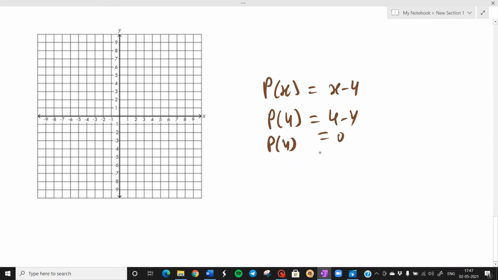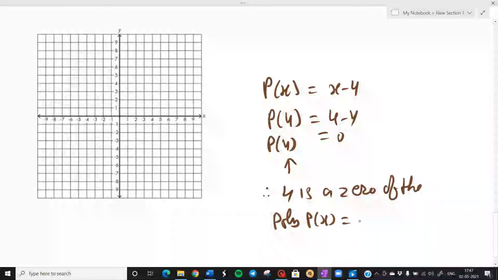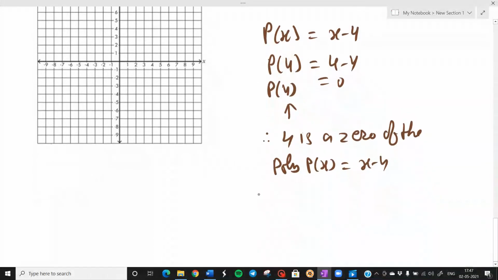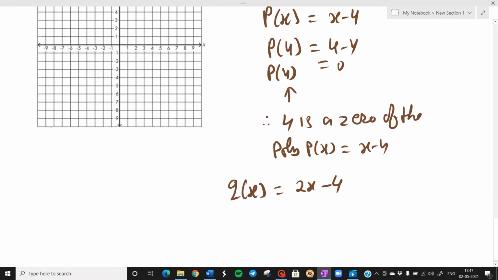x की वैल्यू क्या रिप्लेस करने से 0 आया? 4 आया. That is why 4 is a zero of the polynomial p(x), that is x minus 4. You have already done this. One more example I am taking here. Polynomial q(x) is equal to 2x minus 4.